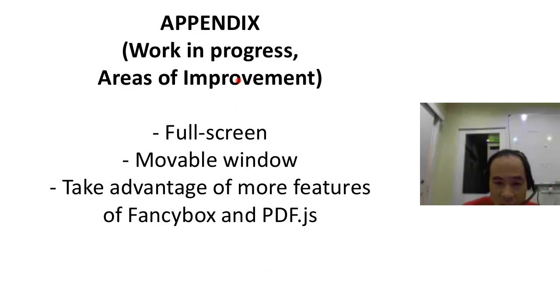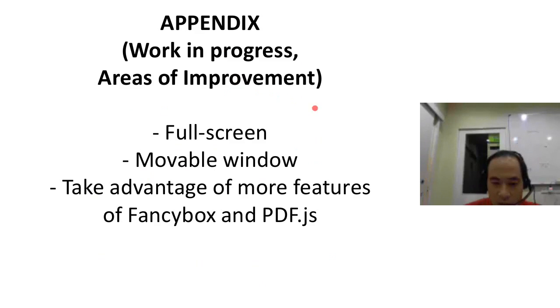So in the appendix, this is work in progress. A lot of areas of improvement. If you Google Fancy Box full screen, there's another GitHub page that shows you how you can add a full screen icon to the Fancy Box window so that it opens up in full screen. And someone else managed to move the Fancy Box window around.